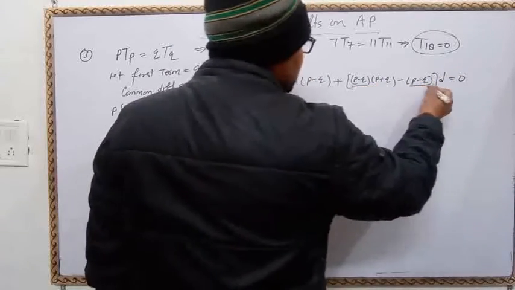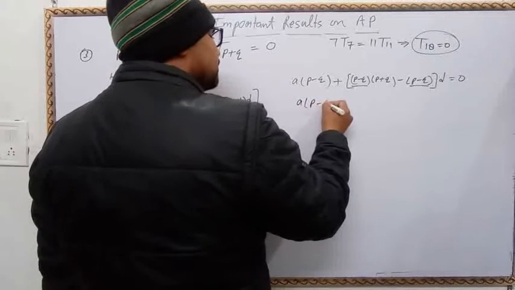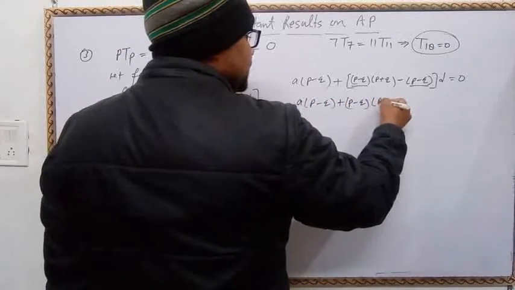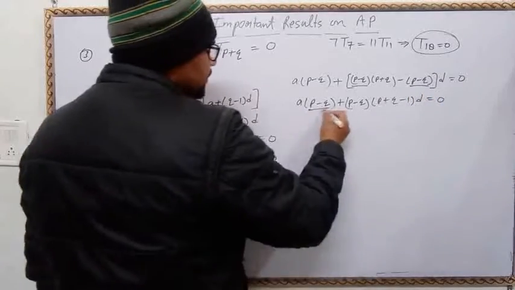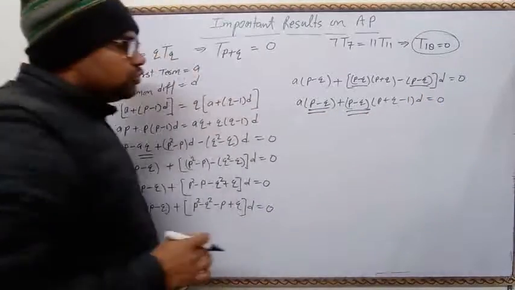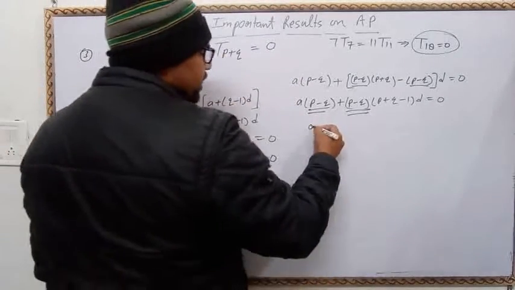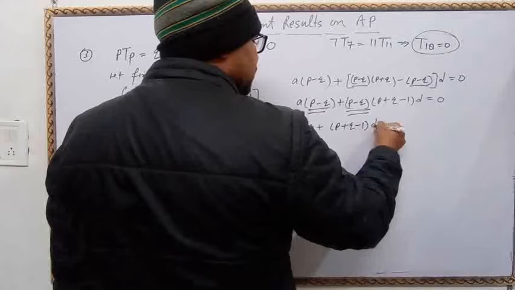Here P minus Q is common, so A(P minus Q) plus (P minus Q)(P plus Q minus 1)D equal to 0. We divide the whole equation by P minus Q, so we get A plus (P plus Q minus 1)D equal to 0.